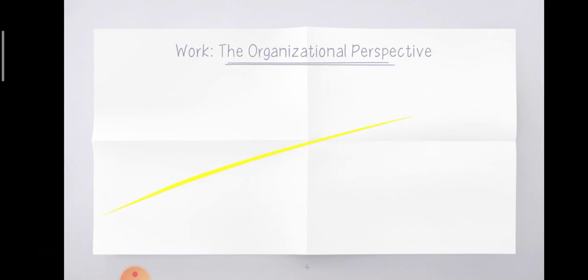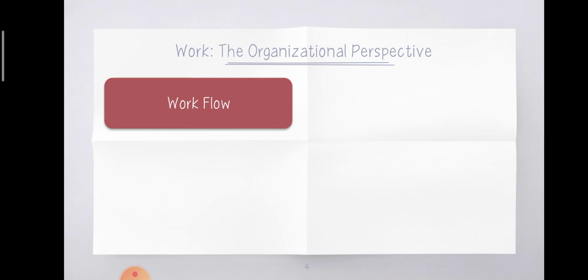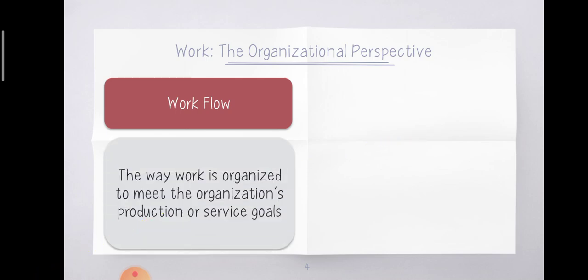Okay, so when we say workflow, this refers to the way work is organized to meet the organization's production or service goals. So workflow is how work flows. How is a business organized in order to meet its production or service goals?